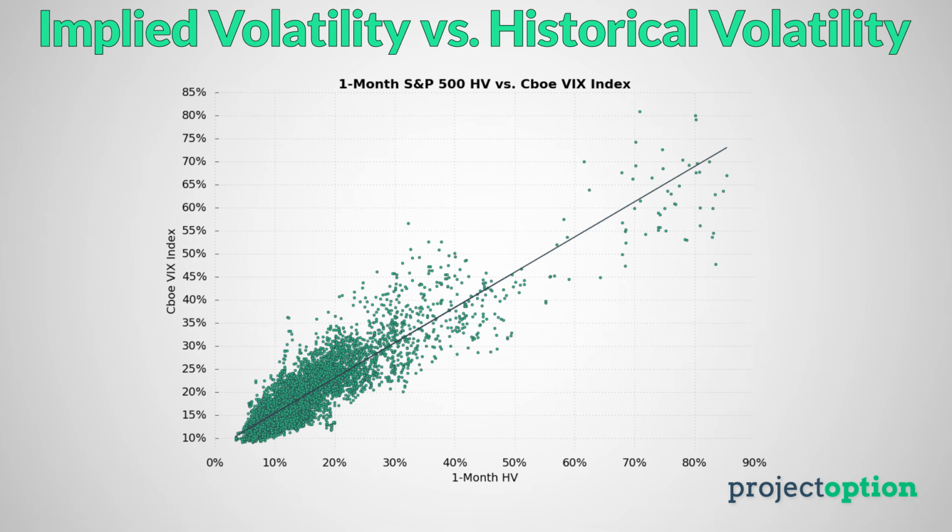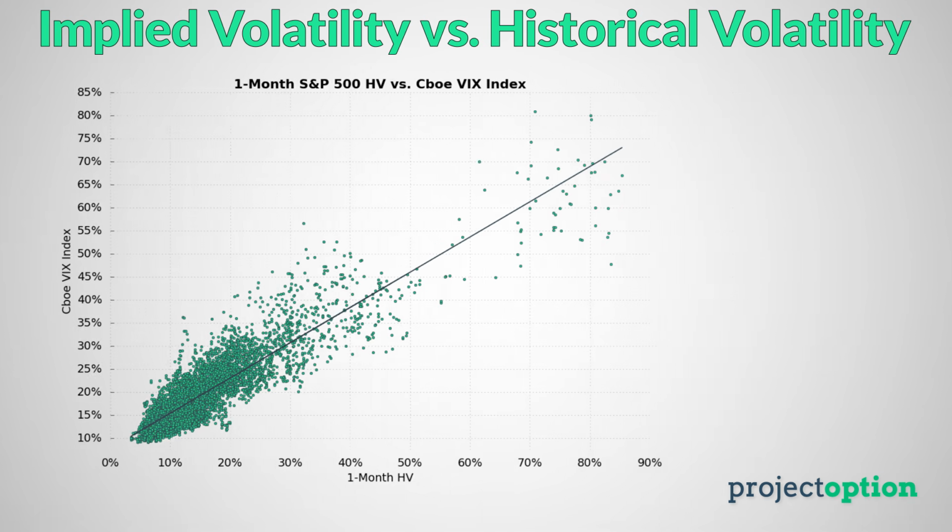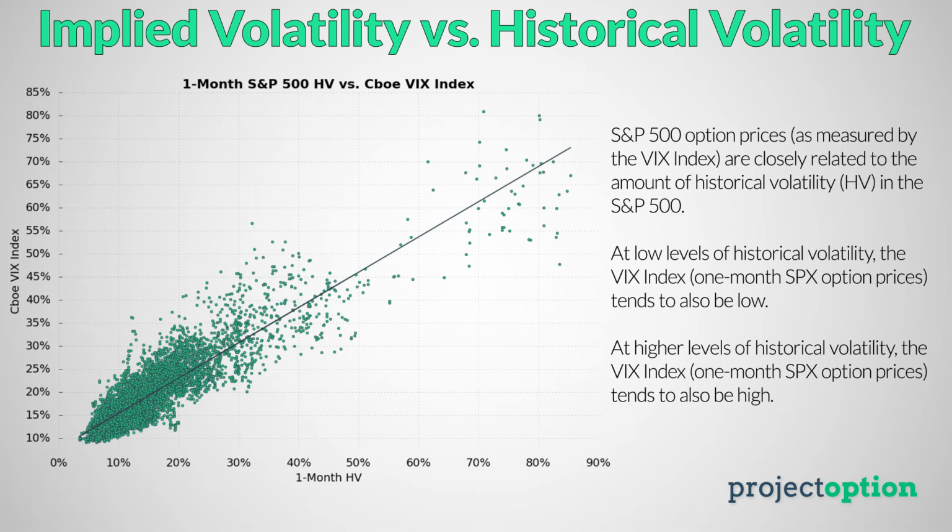As we can see, there's a very clear relationship between the S&P 500's historical volatility and the 1 month option prices as measured by the VIX index. When the recent volatility in the S&P 500 was at lower levels, so was the VIX index, implying that when the S&P 500 was not as volatile, the option prices were cheaper, meaning that options traders were not willing to pay as much premium for those options, meaning that they were expecting less volatility from the S&P 500 going forward.